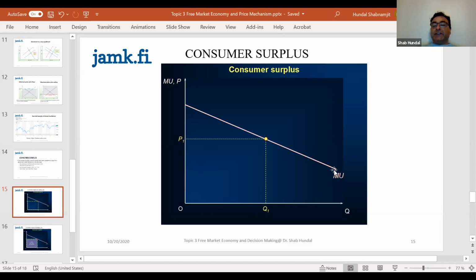Then the additional satisfaction which I attach to these shirts is going down. Maybe at some stage this MU would touch the x-axis if I extend it further, or even go down. Maybe there's no room for my shirts in the wardrobe, and if I keep stuffing them, maybe my wardrobe breaks. So I have a loss. I have to pay the carpenter to repair it.